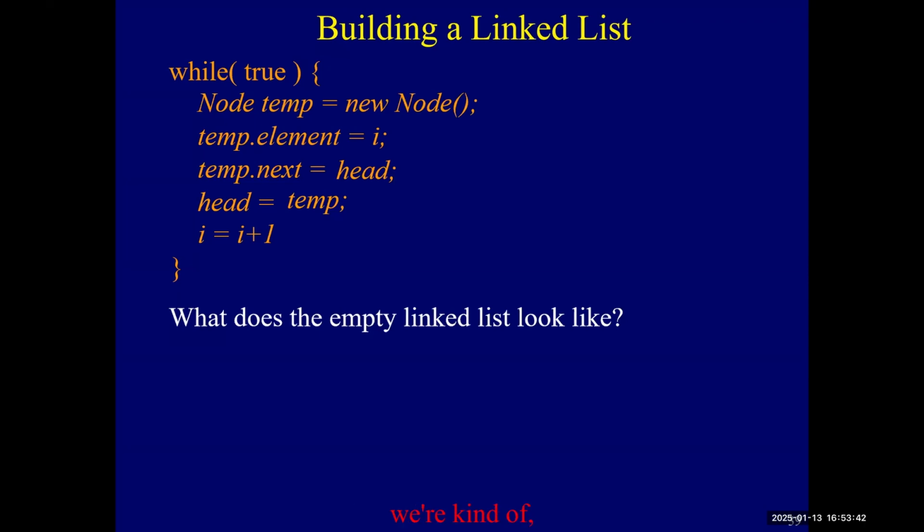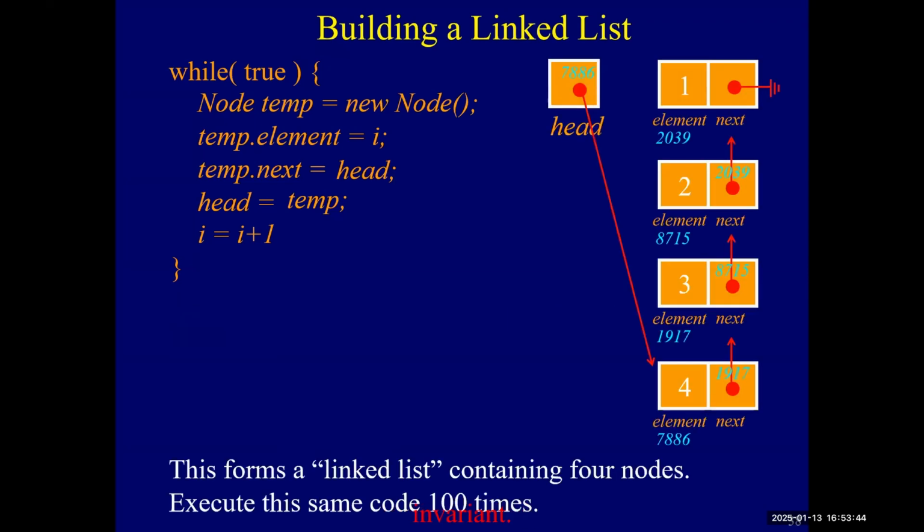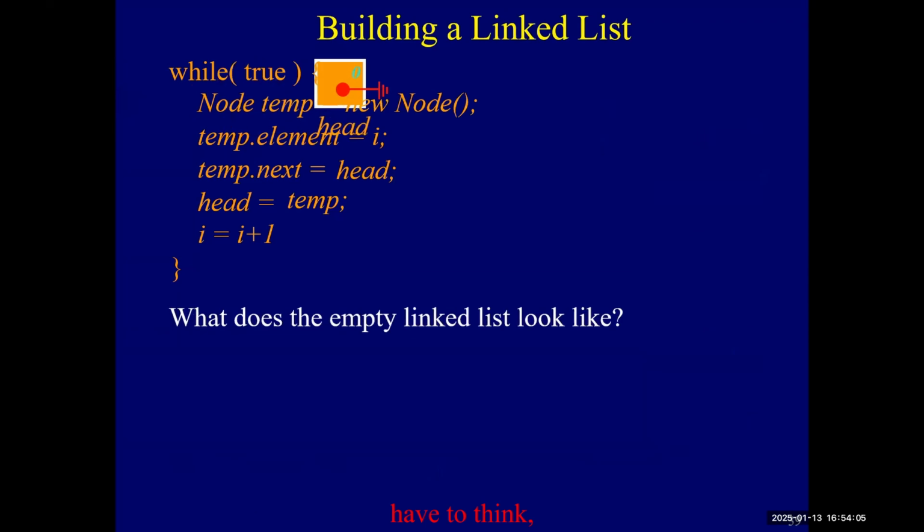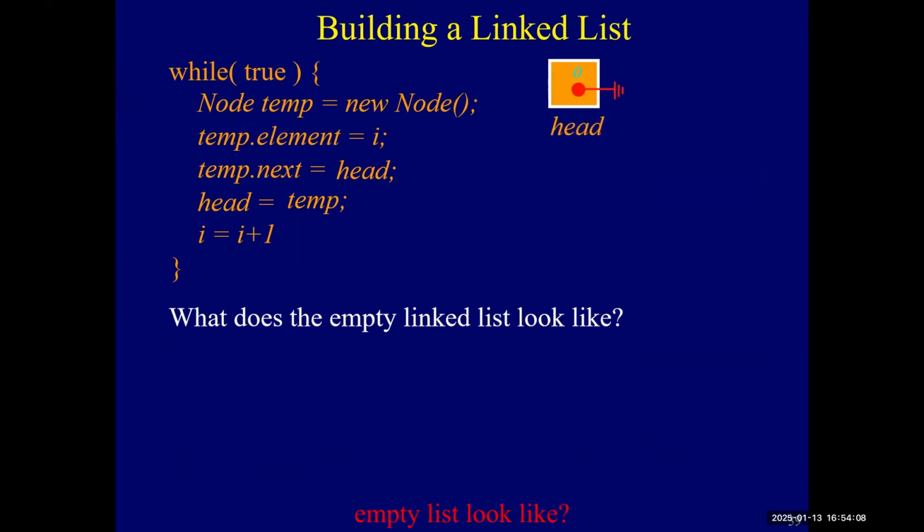And you can see we have a loop invariant. The loop invariant is the top. We have this linked list, right? And when we go around, we make progress because we push somebody on the stack. We make the list a little longer, right? So you want to make sure that no matter what, if the loop invariant's true, it works, right? So now we have to think, well, what does the empty list look like? All right? The loop invariant says, I have a linked list. Well, is this a linked list?